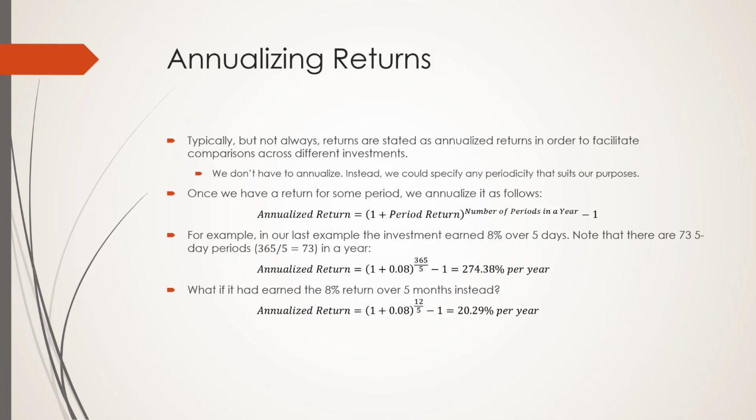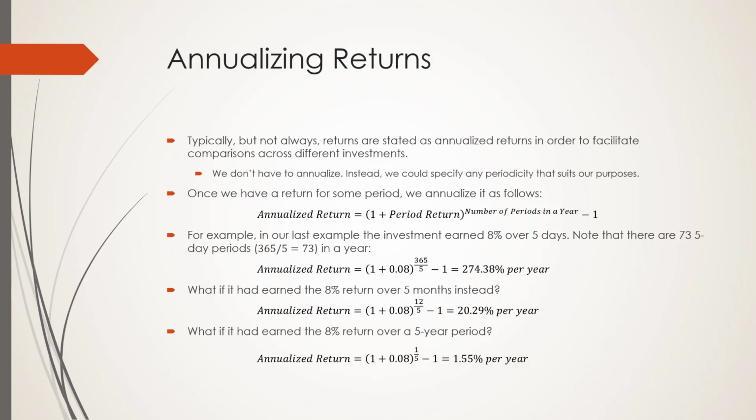Well, it's exactly the same process. So we have 1 plus the 8%, and then we raise it to how many 5-month periods there are in a year. So that's 12 months in a year divided by 5 months, which is 2.4, and then minus 1, and that gives us 20.29% per year.